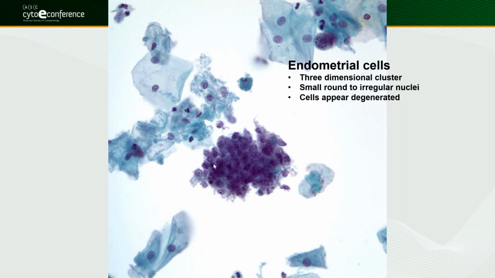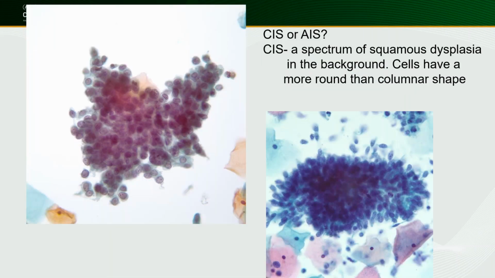But if you look at the nuclei, they typically look degenerated. And on thin prep, they have this kind of a reddish hue, and they have very irregular nuclear membrane. The cells are smaller, and they don't have that elongated and well preserved nuclei as atypical endocervical cells. So it's something to keep in mind, that sometimes it may mimic atypical endocervical cells.